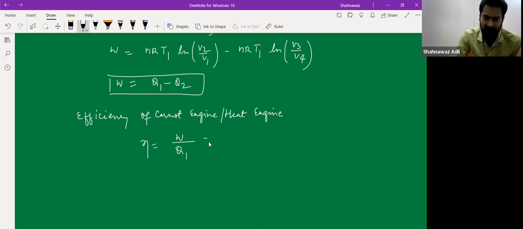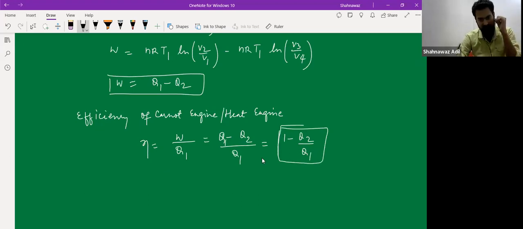So this is 1 minus Q2 by Q1, that is, Q1 minus Q2 by Q1. But what will this be in the form of temperature? In the form of T2 and T1, we want to calculate, right?